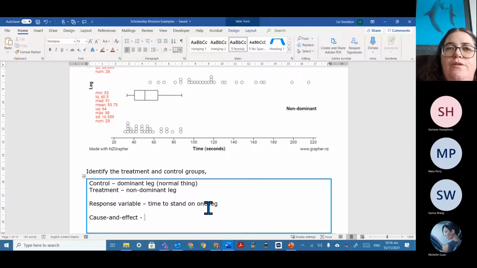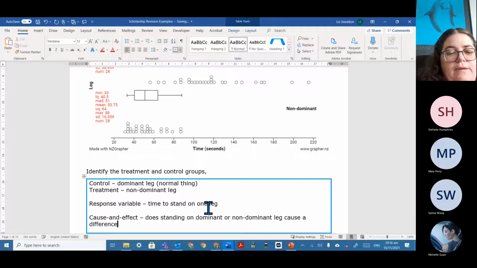Okay, so when either you're standing on your dominant or your non-dominant leg, does that cause a difference in the length of time it takes? Does standing on non-dominant leg cause a difference in the amount of time?